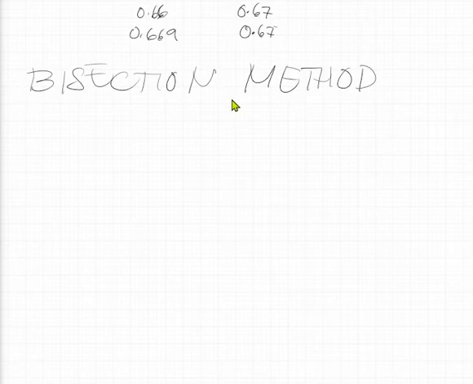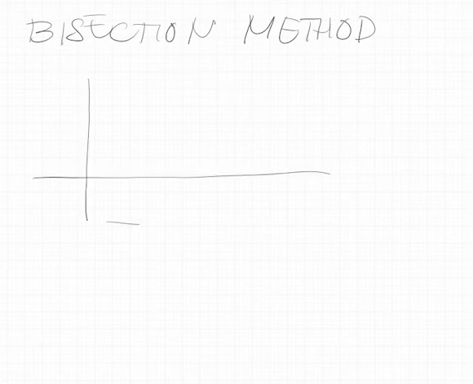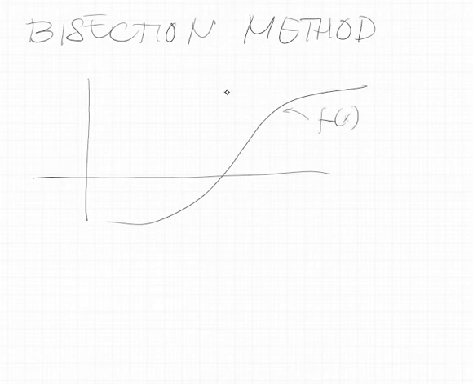So basically, the bisection method. If this is our function f of x, we already know that when the value of the function f of x changes in sign, it means that between that interval there's at least one root. We said that before.